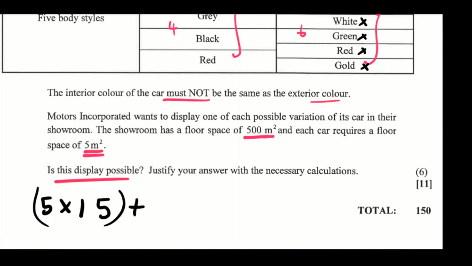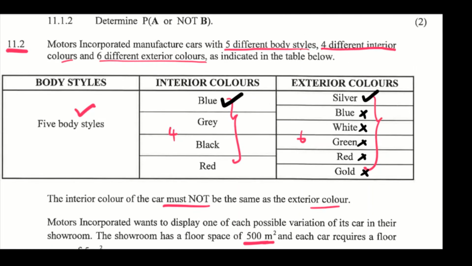Another option would be to choose all 5 body styles. Now we choose gray, and we can choose any exterior color, since there's no gray on this side. So we have all 6 options.